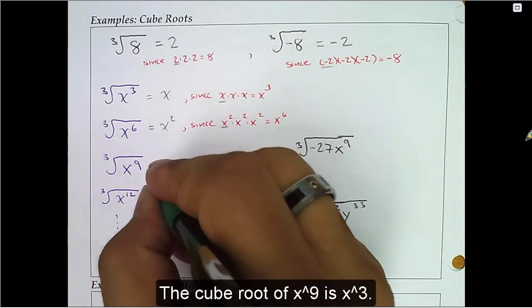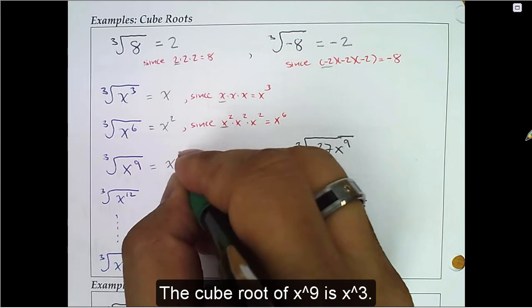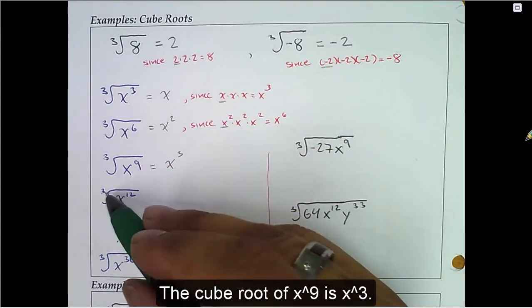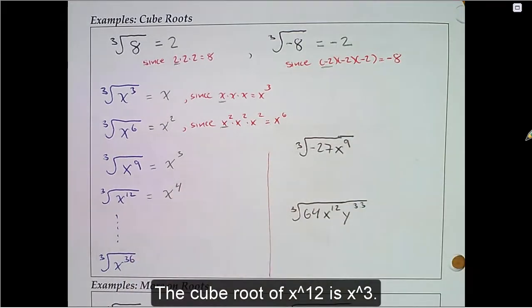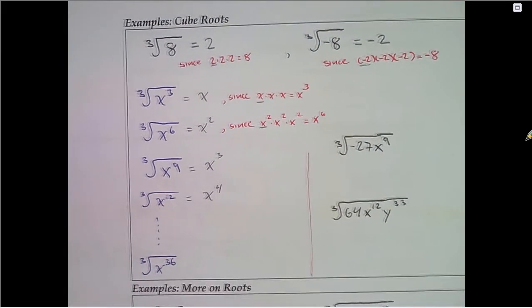Cube root of x to the 9th is x cubed. Cube root of x to the 12 is x to the third.